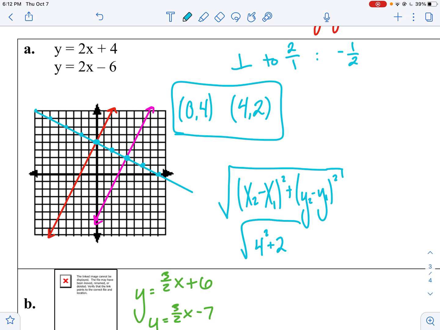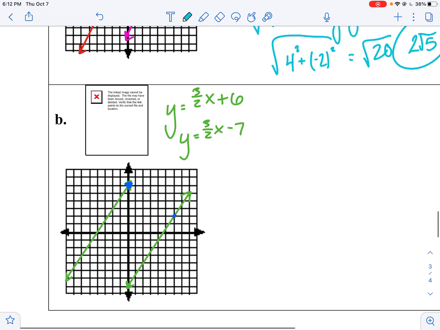And it's a negative 2, I know that, but when you square it, the negative goes away, which would be the square root of 20. Or you could write this as 2 root 5 or 4.7, somewhere in there. That would be my distance.